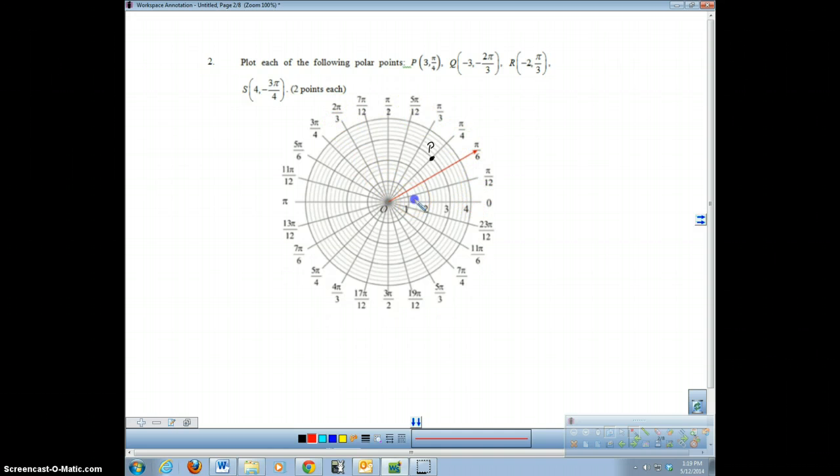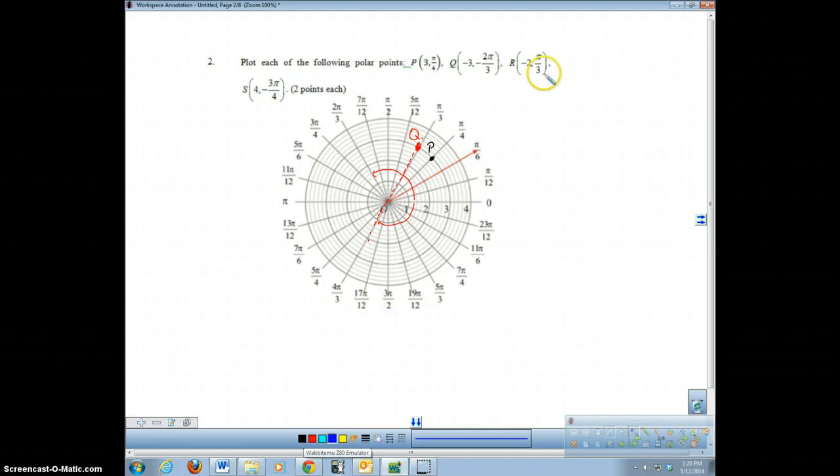If I went positive, I would be going this far. If I'm negative, I have to go the same amount, so this far negative, counterclockwise. Okay, so we're looking at this line right here. And we're going to go negative 3. So instead of going out 3 here, we're going to go back 3. 1, 2, 3. Okay, there's Q.